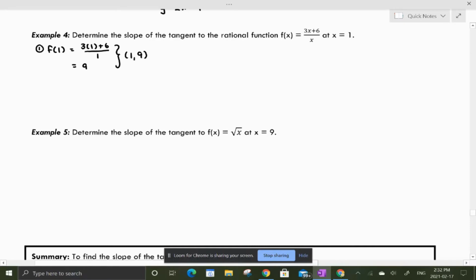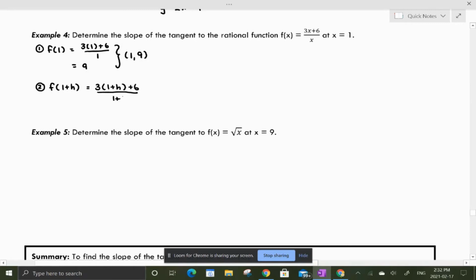The second step, we're going to generate that second point so we can actually find slope. So the second point, remember, is going to be 1 plus h. And then I'm going to get 3 times 1 plus h plus 6 over 1 plus h.